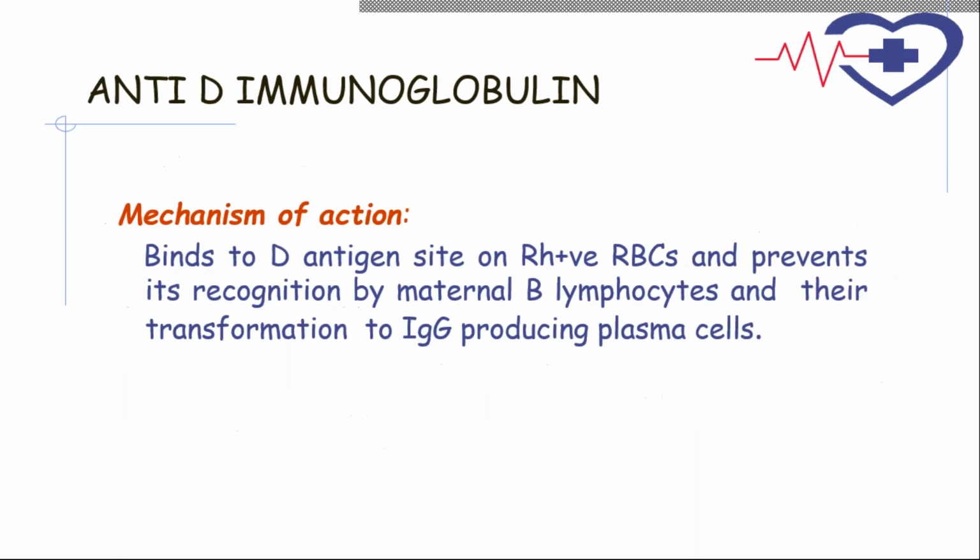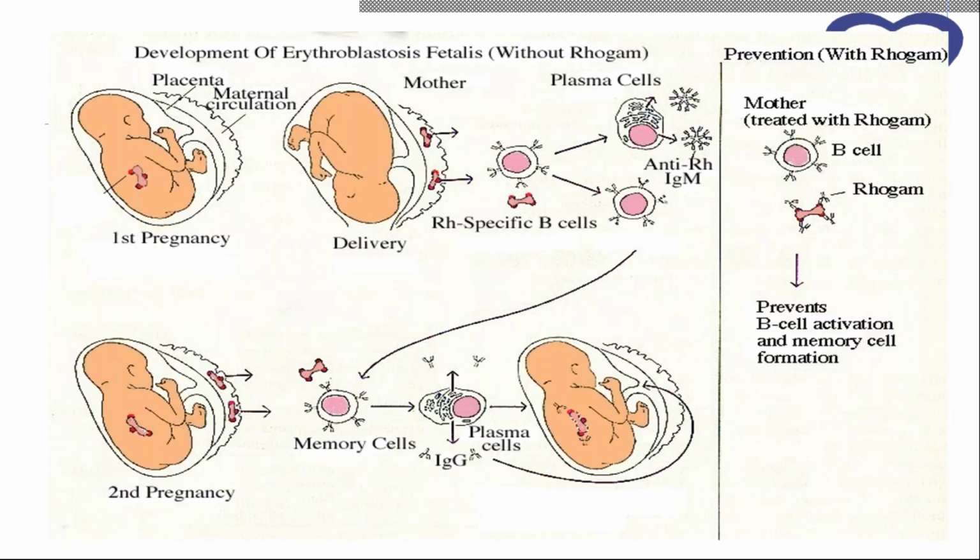Next slide, please. Yes, then the mechanism of action of anti-D immunoglobulin: it binds with the D antigen on the surface of Rh positive RBCs and hence prevents recognition by maternal B lymphocytes and their transformation to IgG producing plasma cells. What happens is that once you give this anti-D to the mother at 28 weeks, the moment some Rh positive RBCs from the fetal circulation come into the maternal circulation, these antibodies are already present and they will immediately mop up these cells and remove them from the circulation.